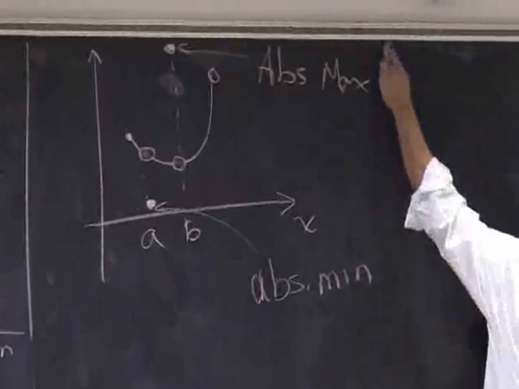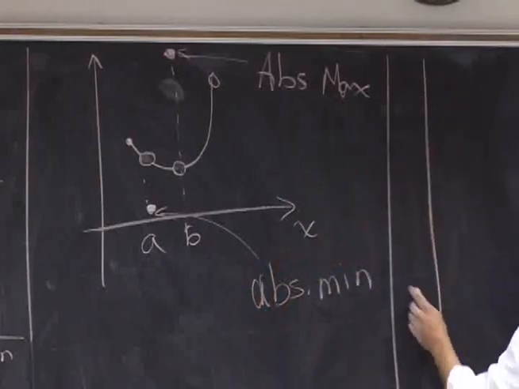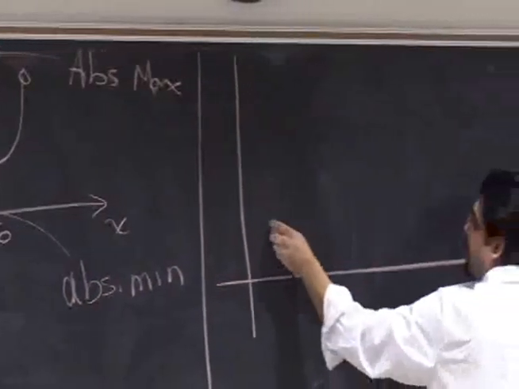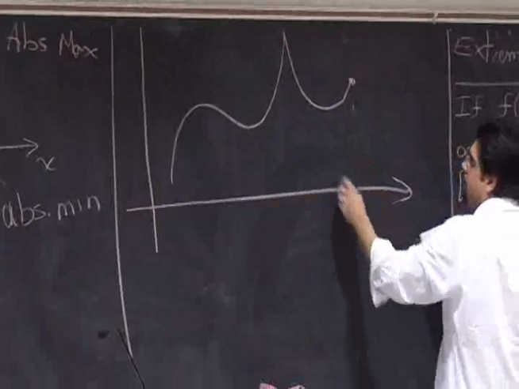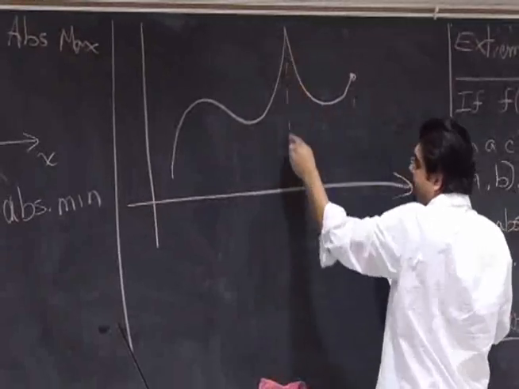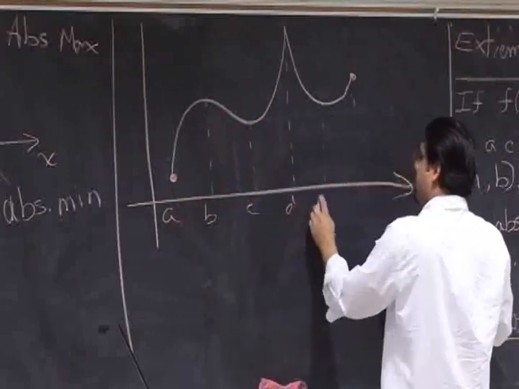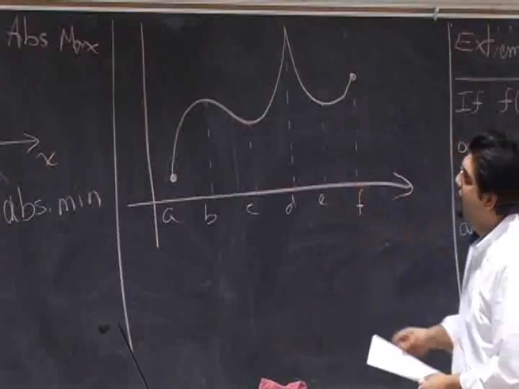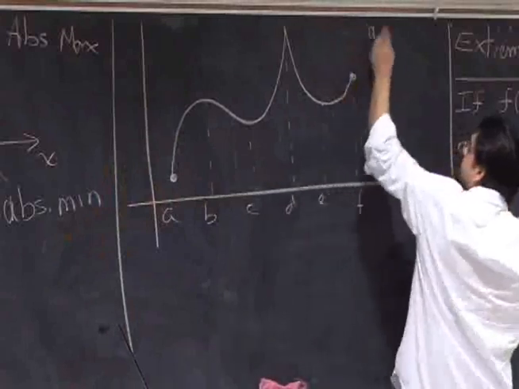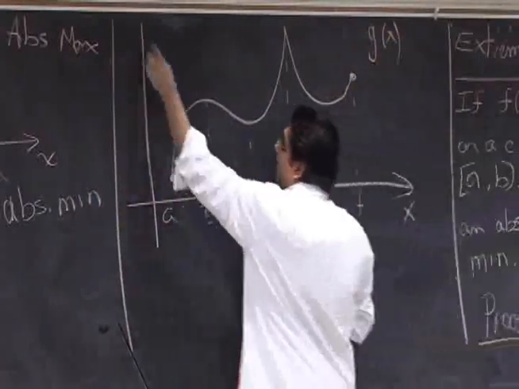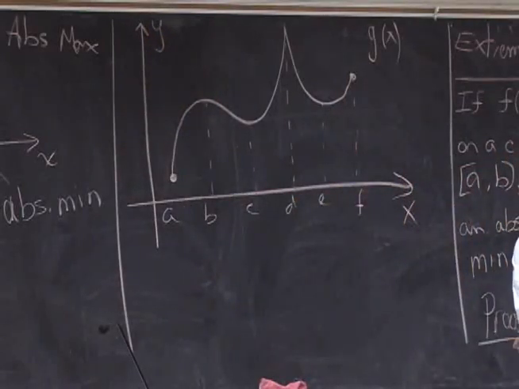So, I'm going to go back to the first picture we drew to talk about different types of maxima and minima. So, go back to a picture similar to what I started with. We identified the absolute max and min of this graph, G. But then there are other interesting points on this graph, namely the peaks and valleys of this graph.